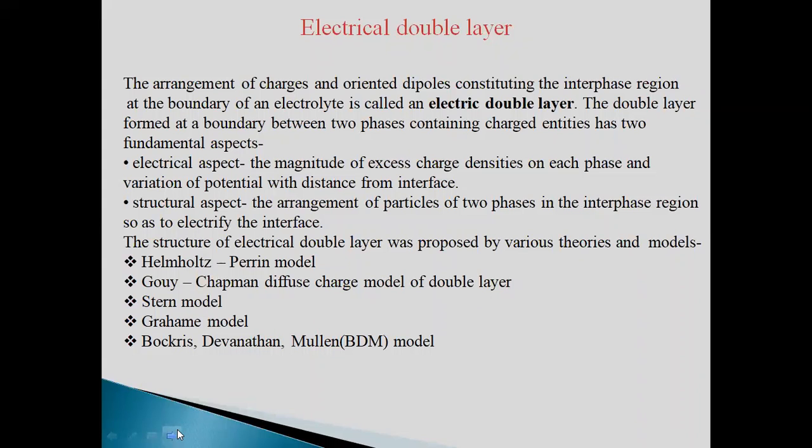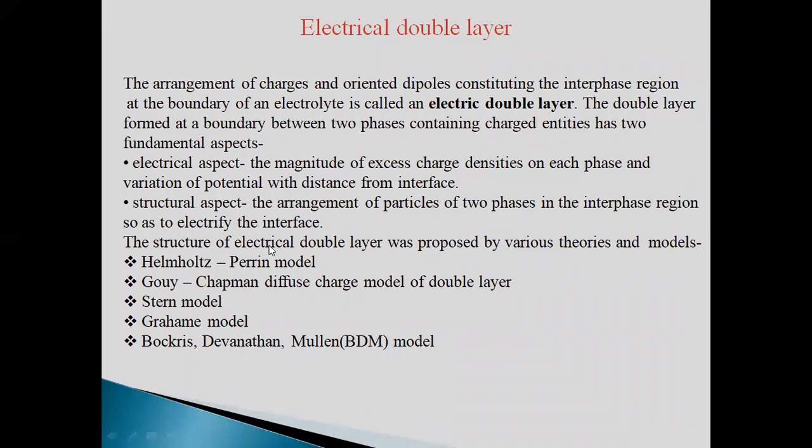Now, what is the electrical double layer? It is basically the net orientation of dipoles and charges along the interface region at the boundary of an electrode-electrolyte interface. The double layer formed at the boundary has two fundamental aspects: one is the electrical aspect and the other is the structural aspect.